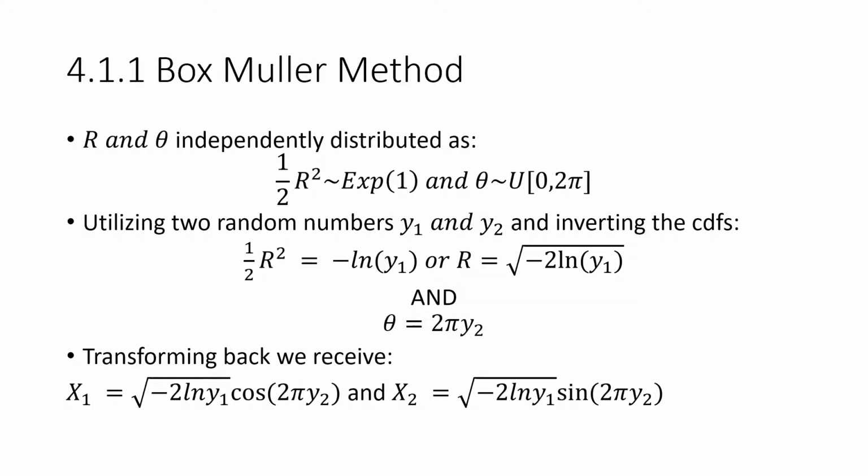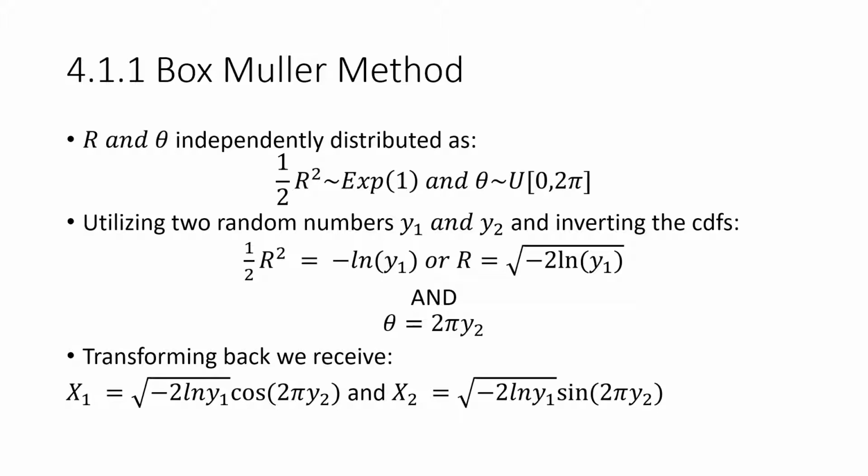So after we find those variables, we solve, and we see that they're independently distributed, as 1/2 r squared lines up with the exponential, and theta is an element of the uniform distribution from 0 to 2 pi.